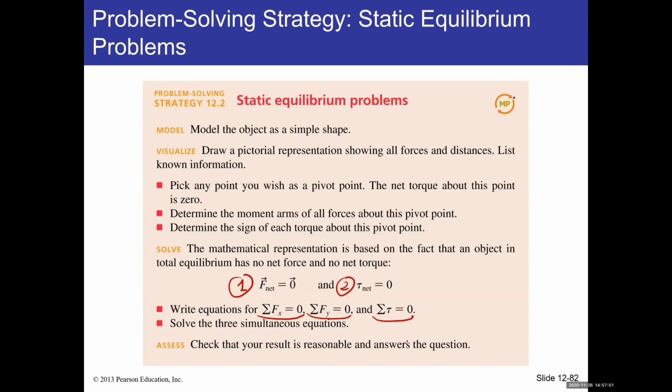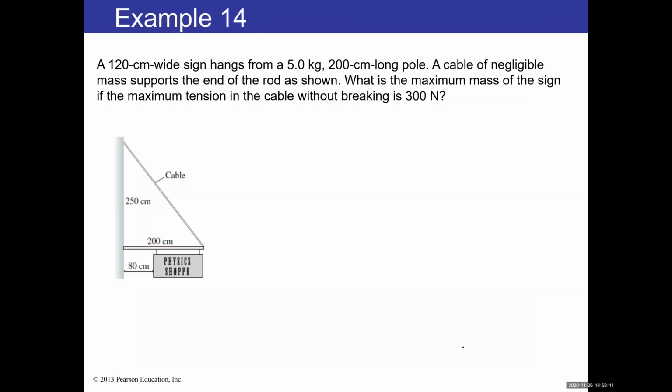So you now have three equations. Equation one, net force in x equals zero. Equation two, net force in y equals zero. And equation three, net torque equals zero. We usually just keep it two-dimensional here, plus the net torque. All right, so let's look at several examples.